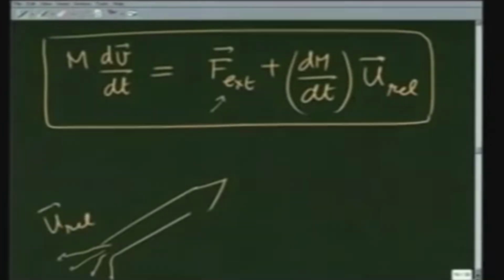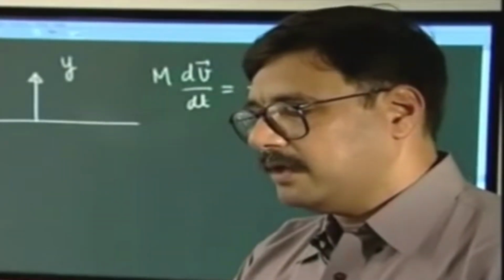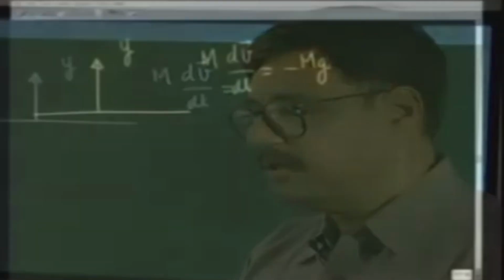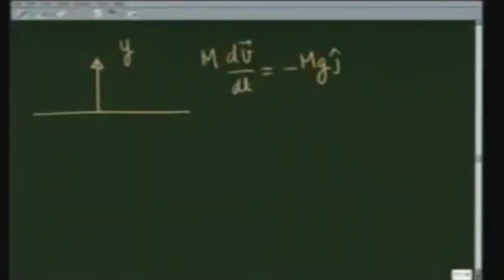So, suppose I fire a rocket from the earth's surface vertically up as a sample problem. Let me take this direction to be y, and therefore for the rocket I have m dv/dt equal to F external, which is only the gravitational force in the negative direction, plus dm/dt times u relative.